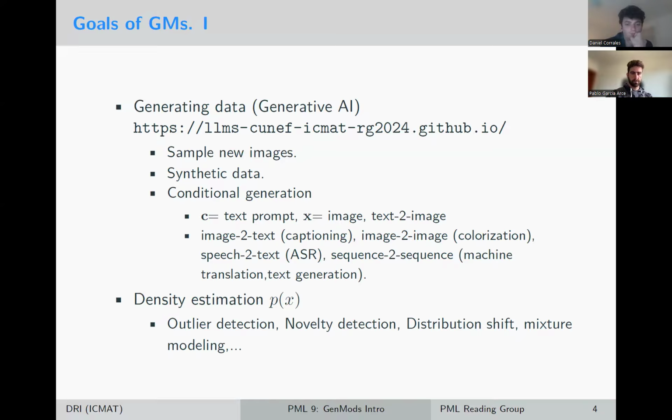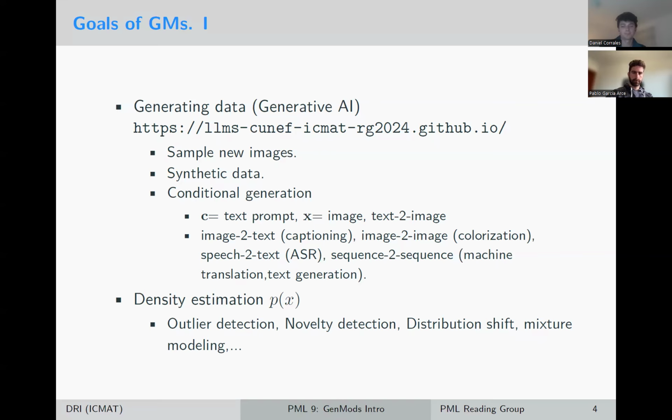And in relation to conditional generation, with respect to generating data, there are examples like C could be a text prompt, and X could be an image.